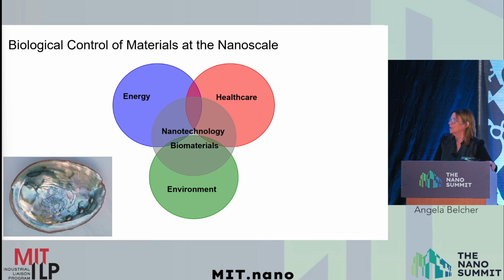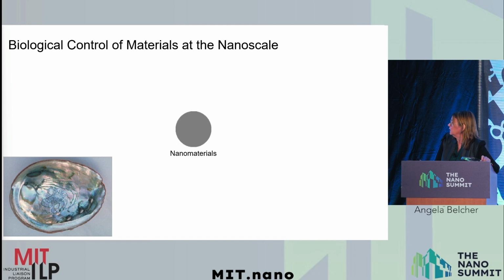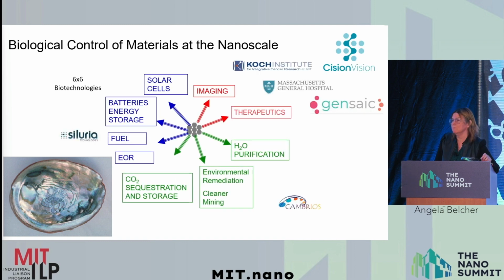And we've worked on, I think, 135 materials in the last couple of years that now we can genetically control at the nanoscale. So I always say I've never been accused of focusing, and we focus on making these nanomaterials for all these different applications, from energy to the environment to therapeutics, and we've spun out several companies on this.